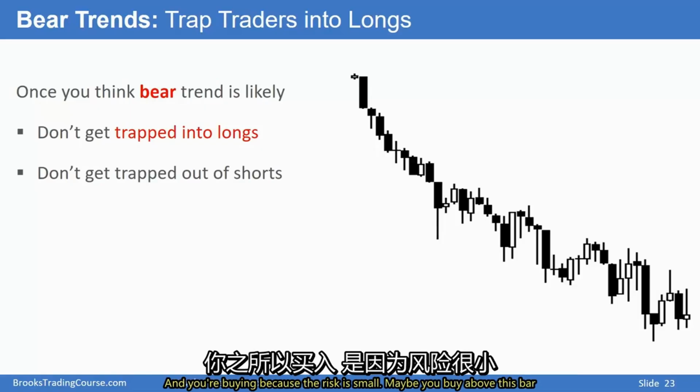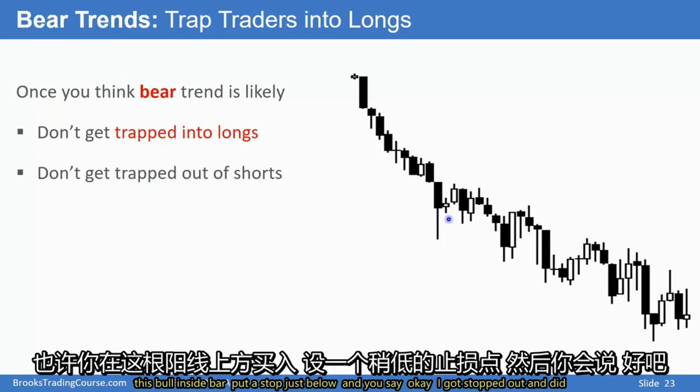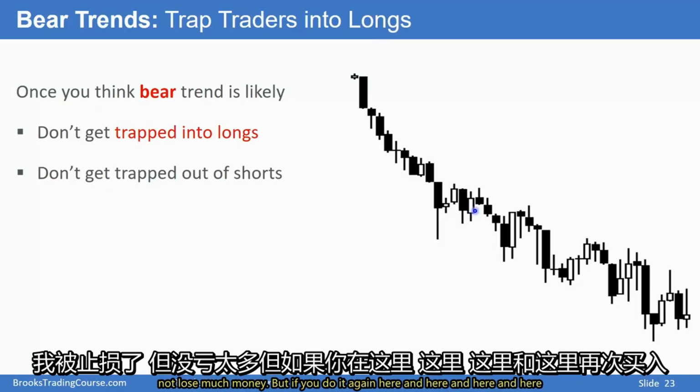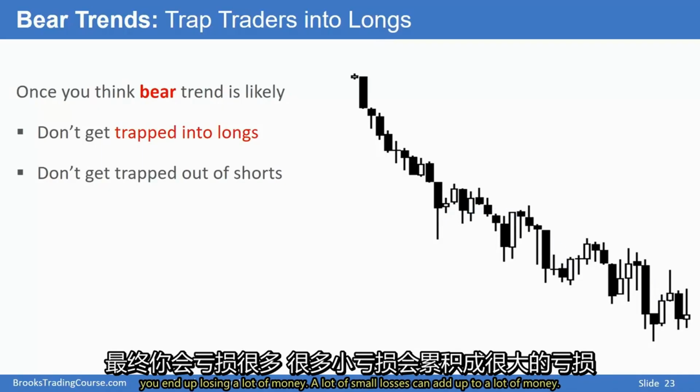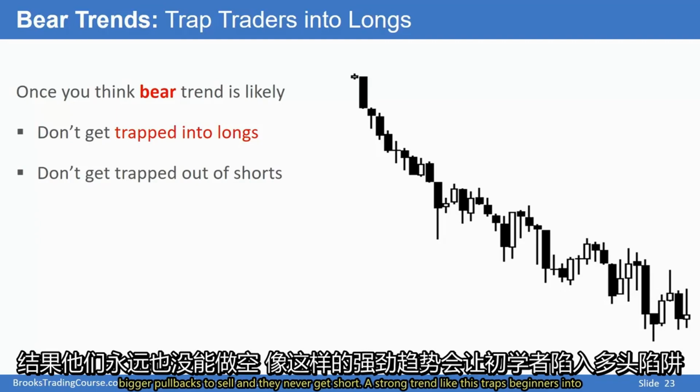And you're buying because the risk is small. Maybe you buy above this bar, this bull inside bar, put a stop just below, and you say, okay, I got stopped out and did not lose much money. But if you do it again here and here and here and here, you end up losing a lot of money. A lot of small losses can add up to a lot of money. And then beginners, they also get trapped out of taking shorts because they keep waiting for bigger pullbacks to sell and they never get short.